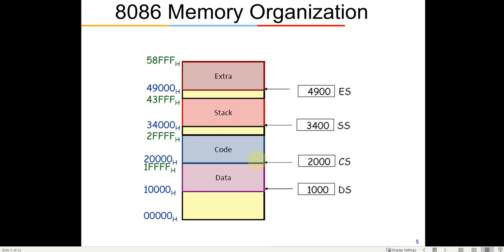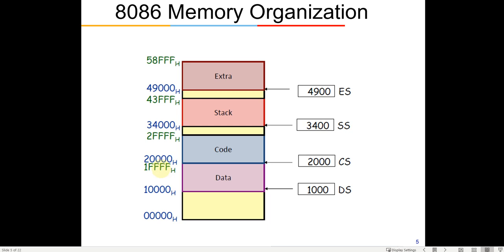Now this is an example given. Here you have data, code, stack, and if the data starts from 000, then along with the offset the maximum value is 1FFFF. But this need not be the case.